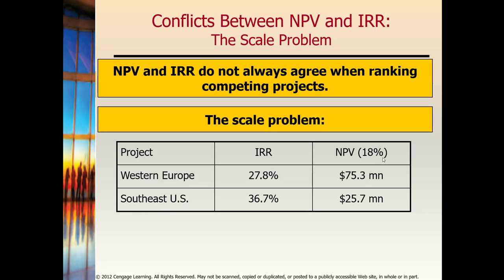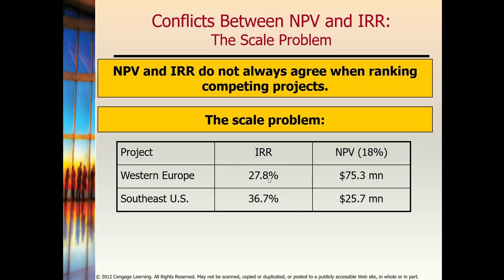Net present value with an 18% discount rate, you can find the Western European project creates the higher value for the company. So if both projects can produce a positive net present value, you should choose the one with a higher value. So the Western European project will be selected.